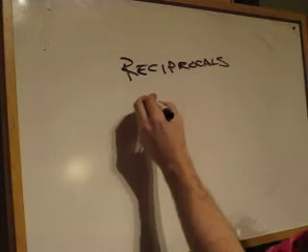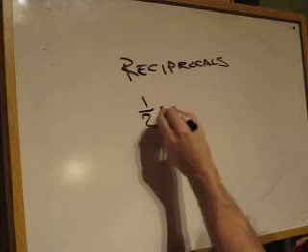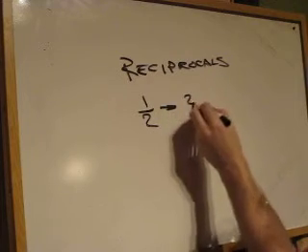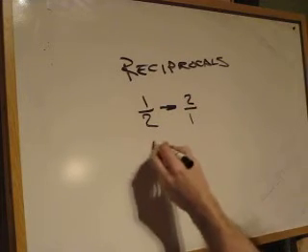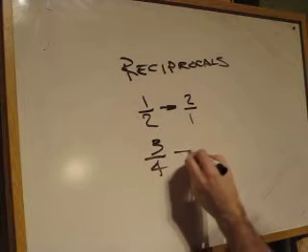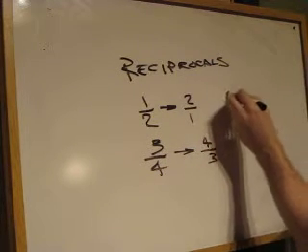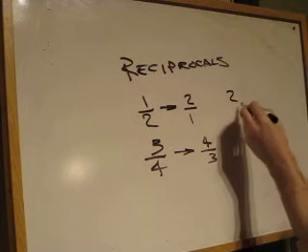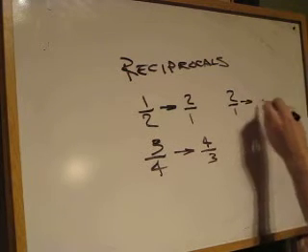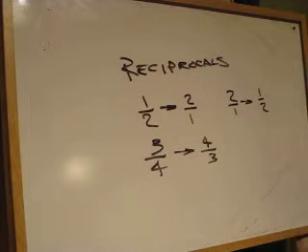For instance, 1/2. The reciprocal of that is 2/1. We flipped it upside down. 3/4 is 4/3. The number 2 can be written as 2/1, so its reciprocal is 1/2. So if you notice, we're just flipping things over.